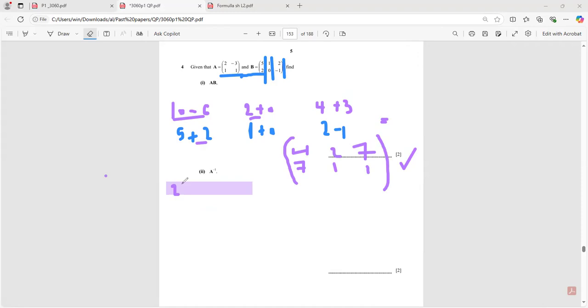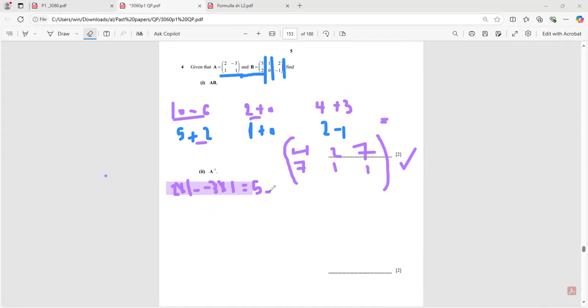So 2 times 1 minus negative 3 multiplied by 1. So it's equal to 2 plus 3, which equals 5.